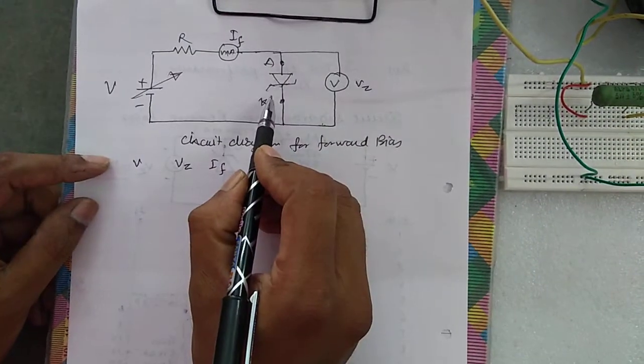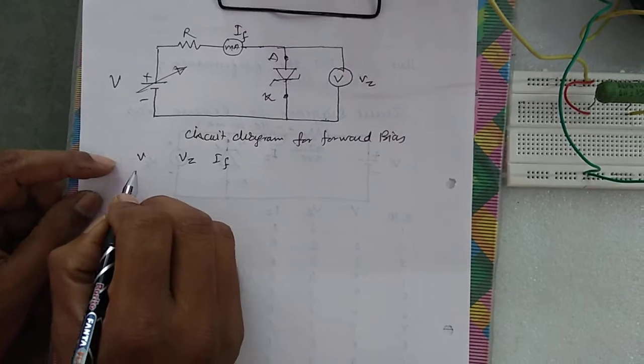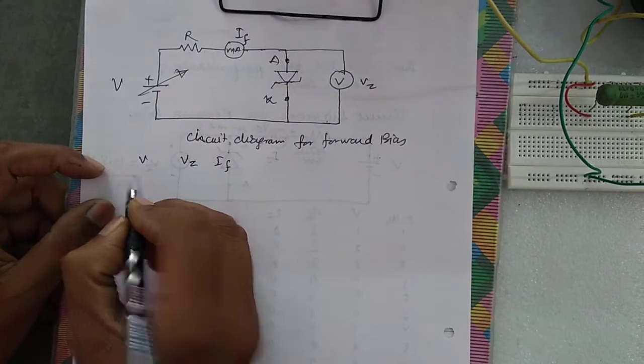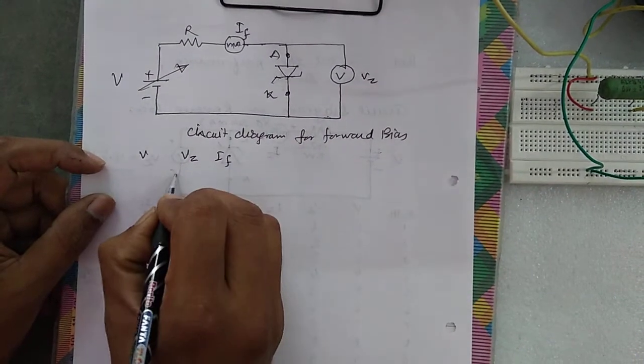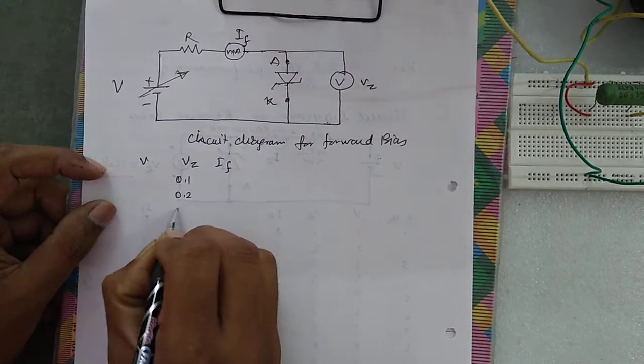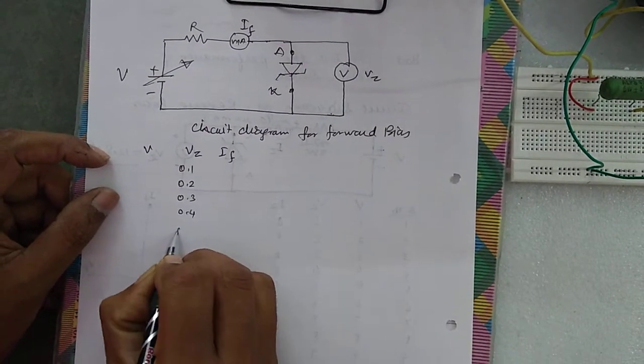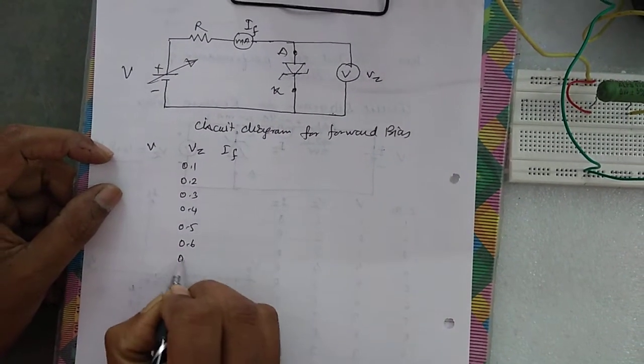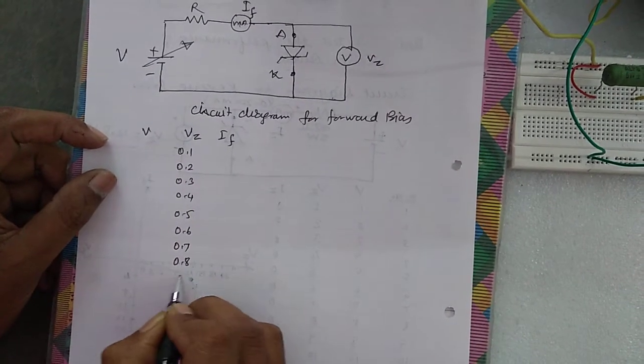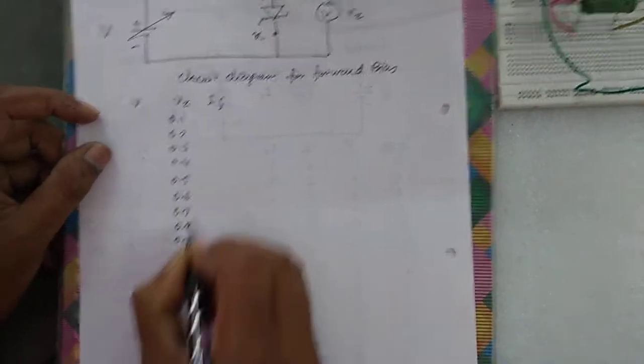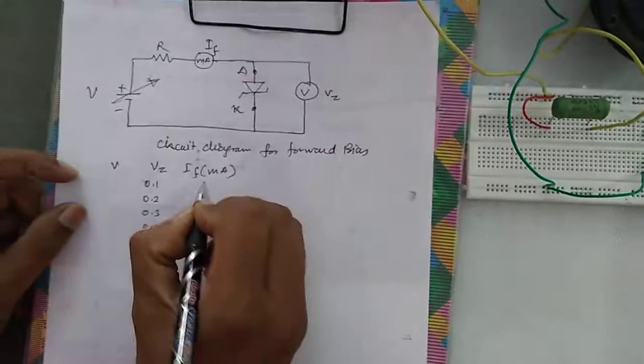Point to be noted, here the diode is forward biased. So we will increase the voltage in steps of 0.1 volt: 0.1, 0.2, 0.3, 0.4, 0.5, 0.6, 0.7, 0.8, 0.9 and 1 volt, and we will measure the respective current.